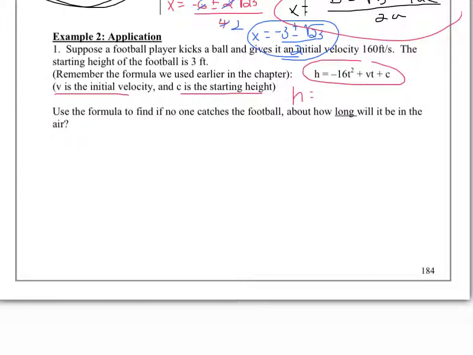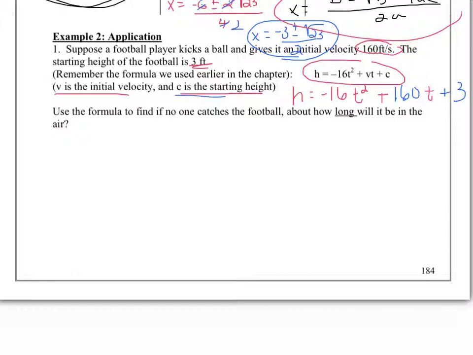So h is equal to negative 16 t squared plus, I know that my velocity is 160 feet per second. So I'm going to fill in 160 for v. And then my starting height, I started at 3 feet. So plus 3. Because c here is my starting height.